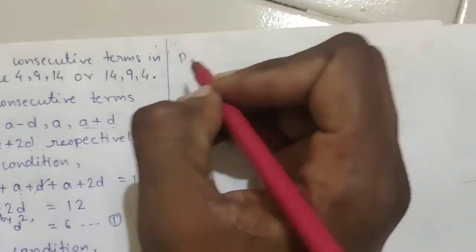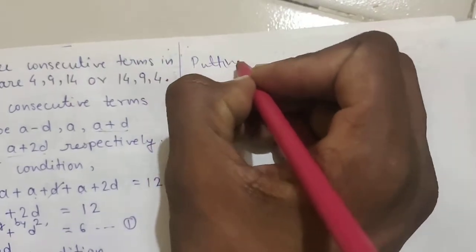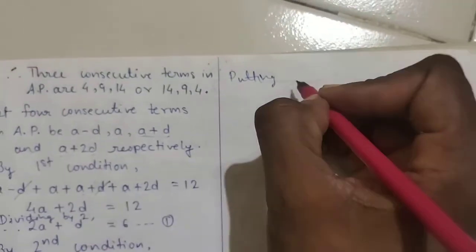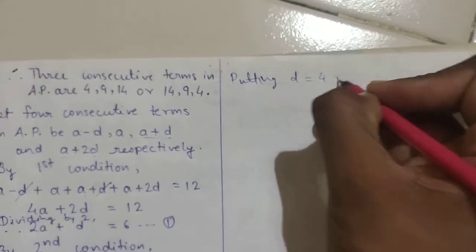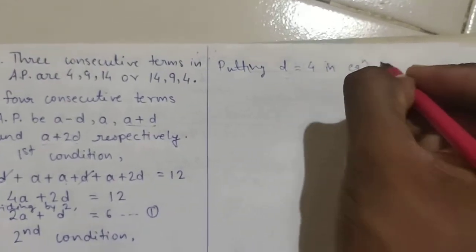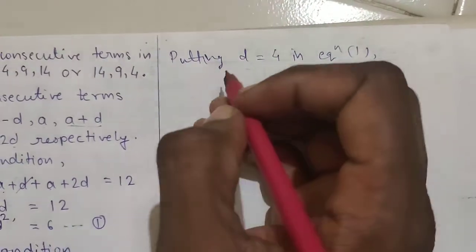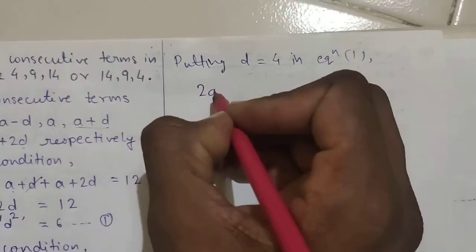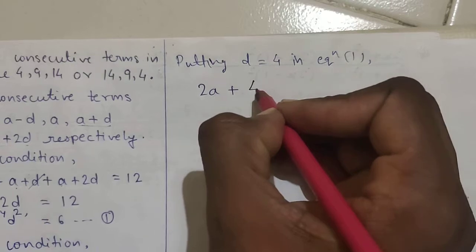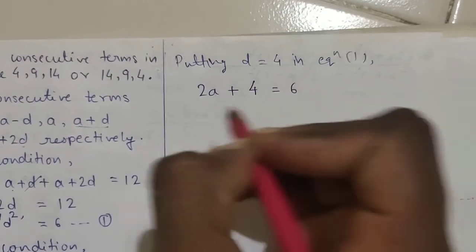Okay, now we have value of D as 4, and this value of D we are going to put in equation number 1. So putting D equal to 4 in equation number 1. Okay, let us see what we are getting here. This is 2A plus D. Now in place of D we are writing 4 equals 6.